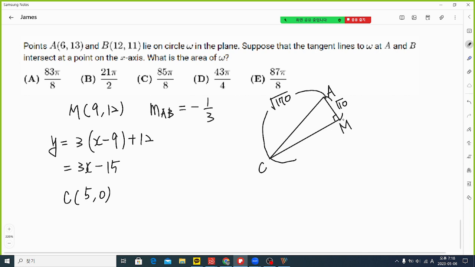So if we use Pythagorean theorem, the length of CM is square root of 160, so that's equal to 4 times the square root of 10.